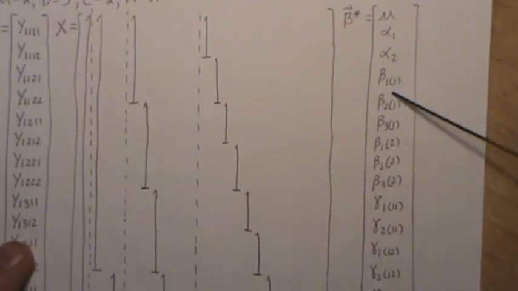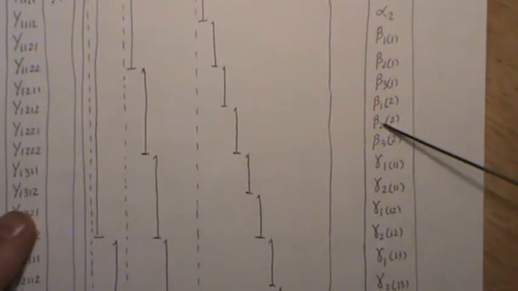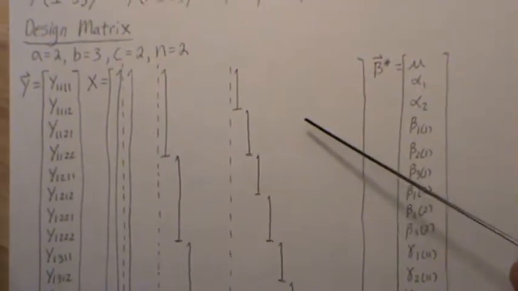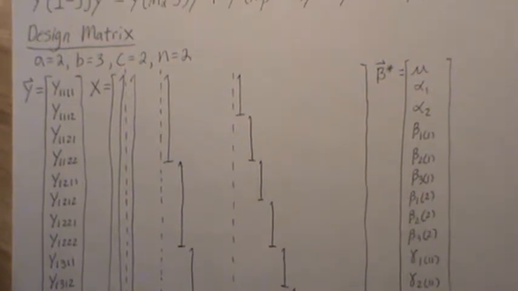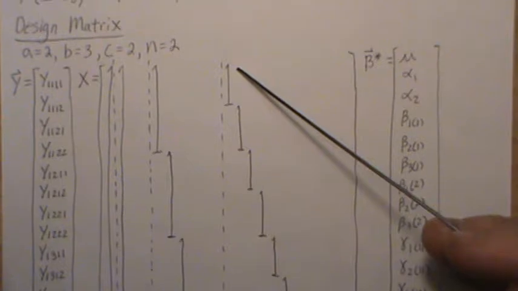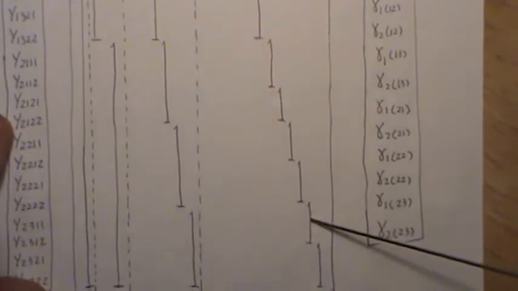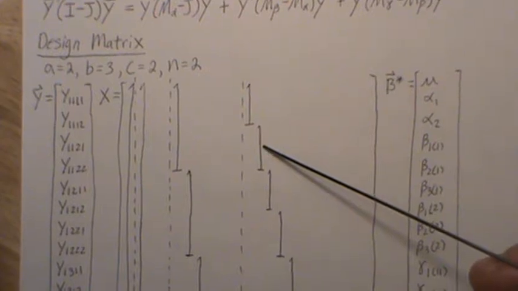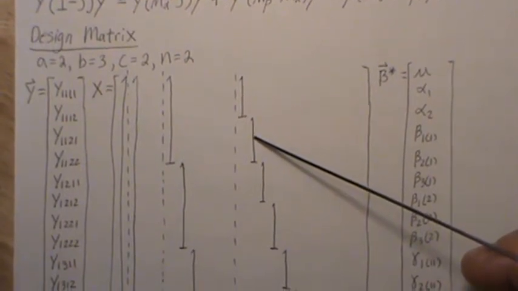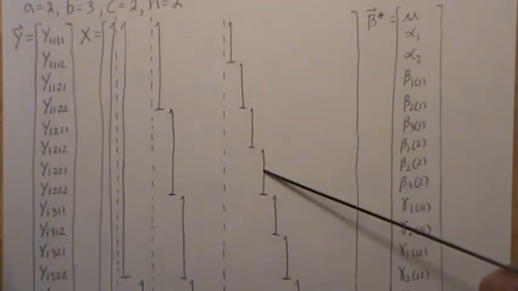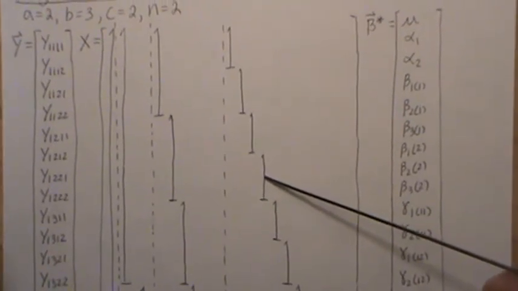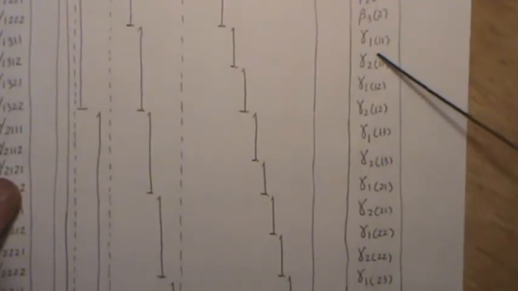There's 3 nested within level 1, and then 1, 2, 3 nested within level 2 of factor A. And then for factor C, the third, each of those 12 gets its own parameter, 1 through 12. But we call them 1, 2 nested within level 1 of B, 1, 2 nested within level 2 of B, and etc. And then they get their own parameter.